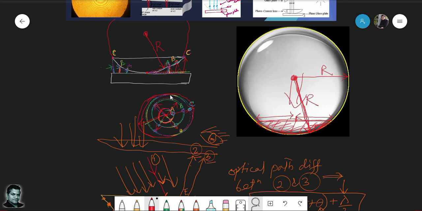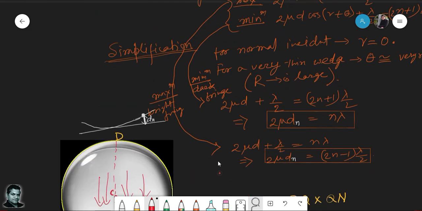So that's why Newton's interference patterns are in the form of concentric rings, and at the center is the smallest ring. As you go away from the center, where the planar convex lens touches the lower surface, the radius increases, and for different radii they would be either bright or dark, following these two conditions that we just derived.